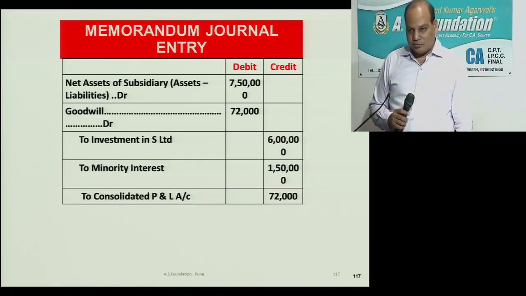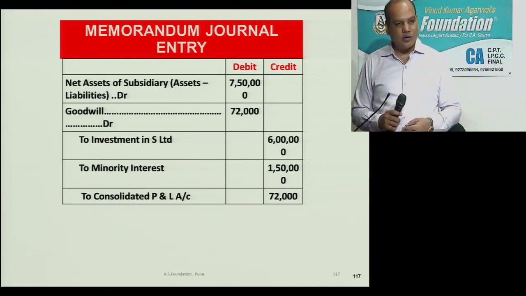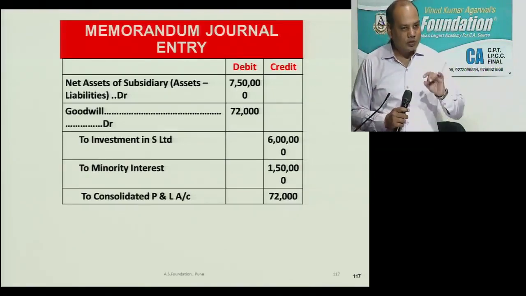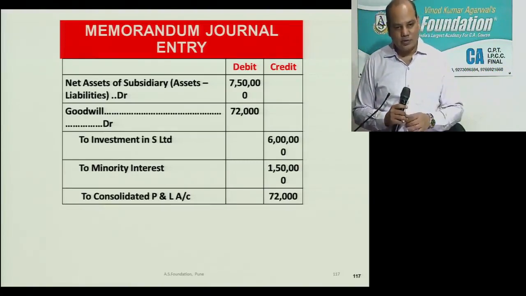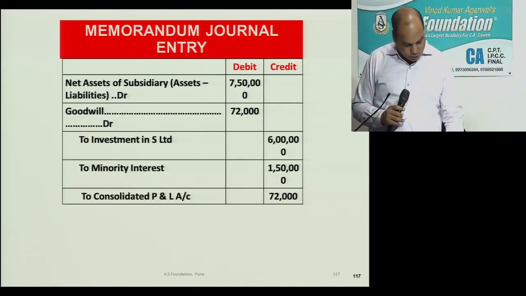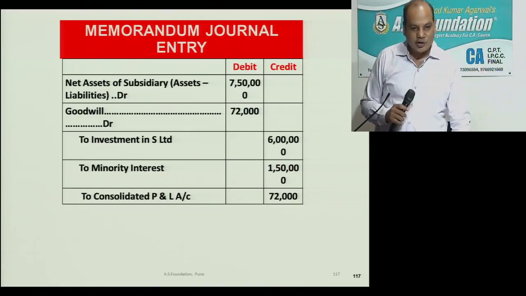See the logic again. Subsidiary's net asset on the date of acquisition was 6,60,000. How did you know 6,60,000? 6 lakh share capital and pre-acquisition profit was 60,000. So 6 lakh 60,000.